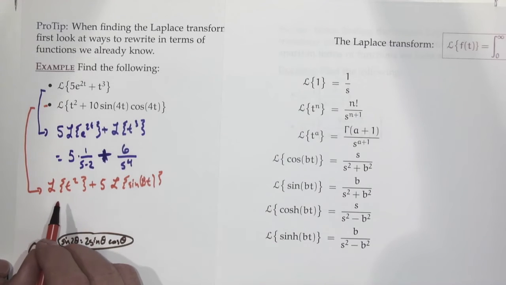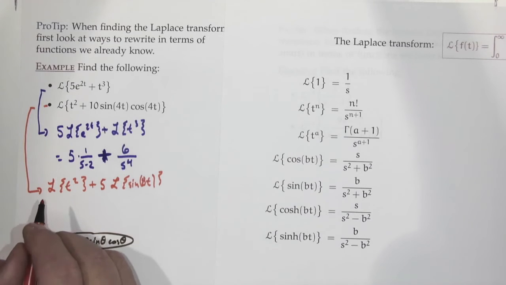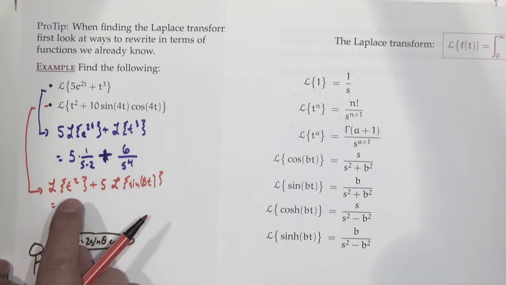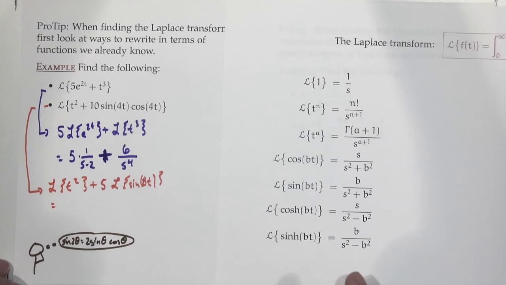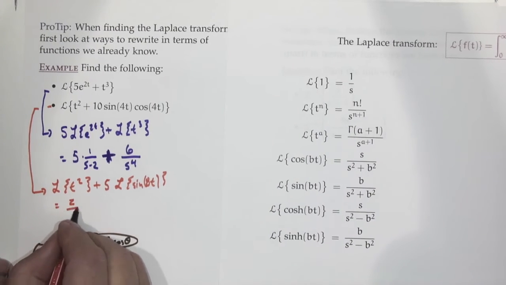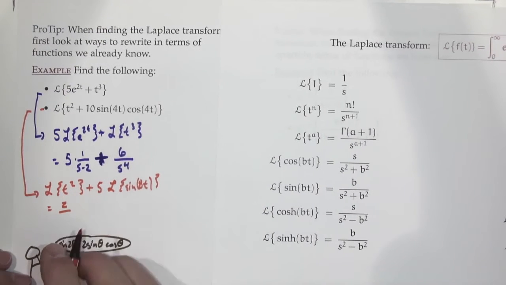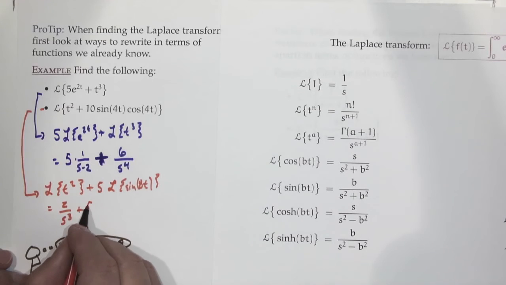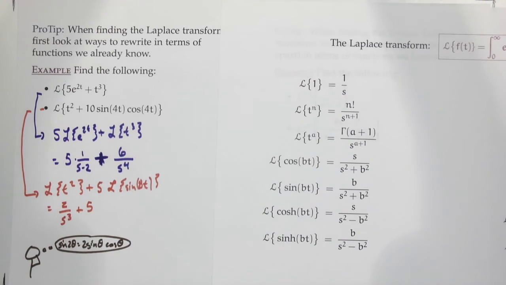Well, what's the Laplace transform of t squared? Is it 2 or is it 2 factorial? Yeah, same thing. All right, that's okay. Good. Over the power s cubed plus 5. Okay, sine of 8t will become what?